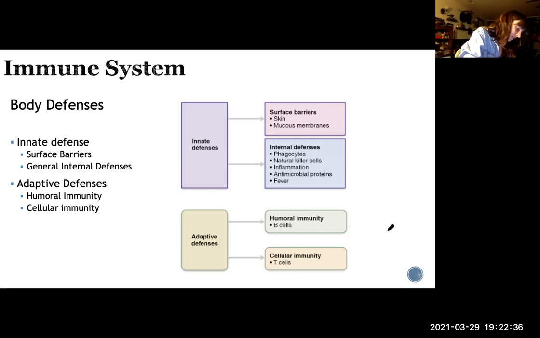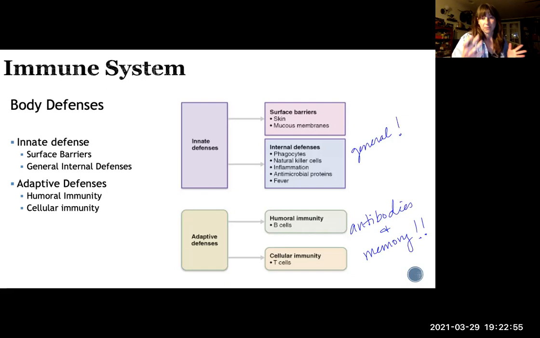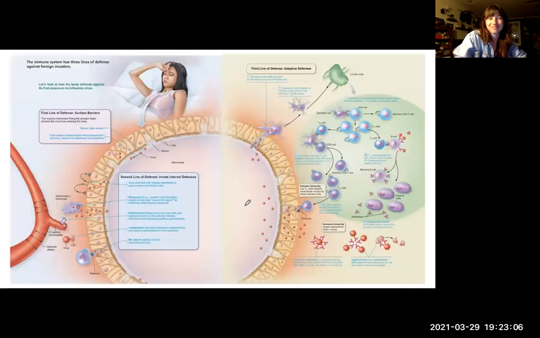It involves antibodies and memory, right? The innate defenses are very general, and everybody has them built in. They're innate. Adaptive is also maybe called acquired, so don't let that fool you.